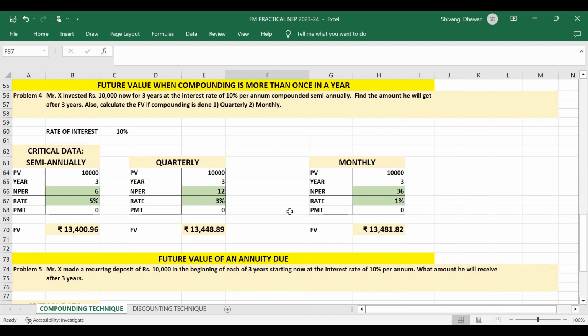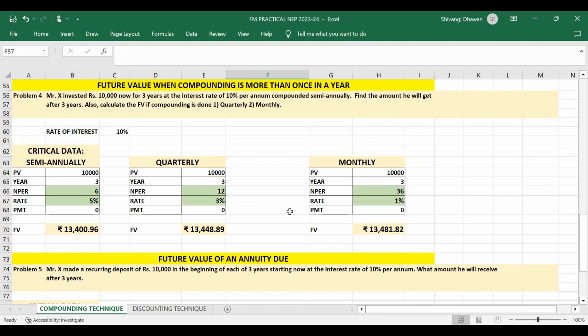We will be adjusting our rate of interest and number of payments made during the period of investment as per our compounding basis. If it's semi-annual, we will adjust them as per semi-annual payments, and similarly when it's quarterly or monthly.